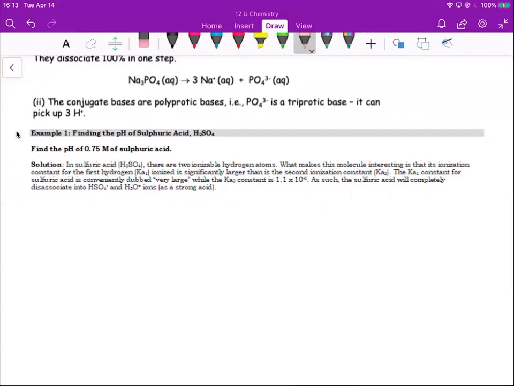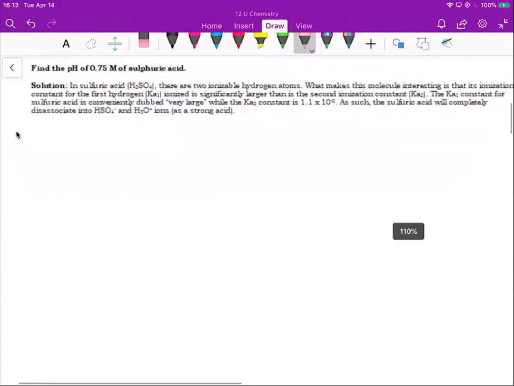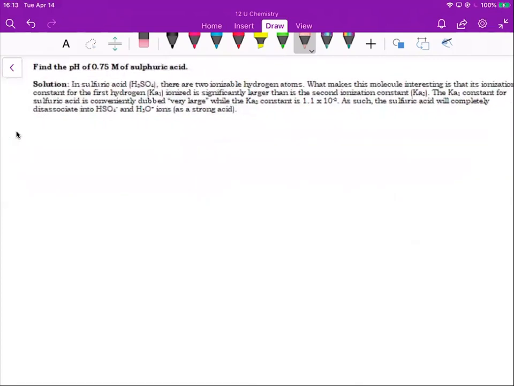So they gave us a bunch of information. The Ka1 that's dubbed very large, we're going to assume that it's complete dissociation. So if this is my concentration of sulfuric acid, I can also assume that that's going to produce the same concentration of hydronium ions.